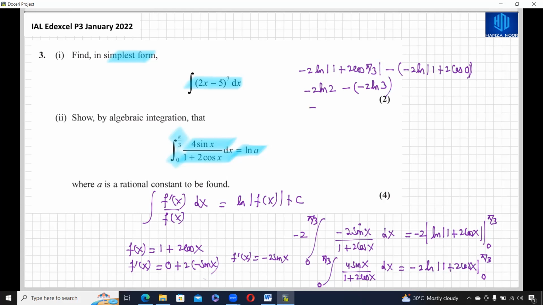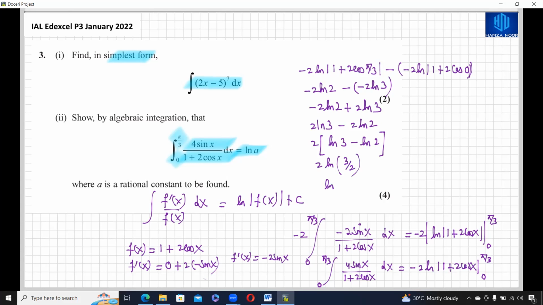So therefore we can say that minus 2 ln 2 plus 2 ln 3. So therefore we can say that 2 ln 3 minus 2 ln 2. So if you take 2 as common, 2 multiplied by ln 3 minus ln 2, and now you can use the quotient law of logarithms. So 2 multiplied by ln 3 over 2, but we need our answer in the form of ln a.